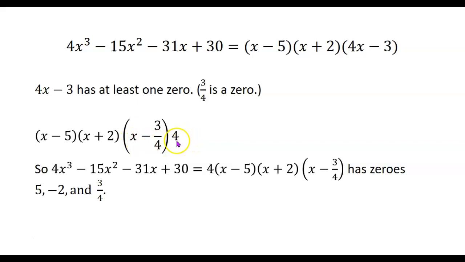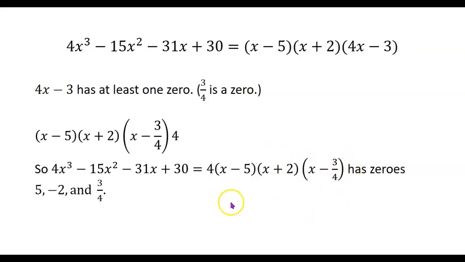So now we've got a 4 times an x minus 5 times an x plus 2 times an x minus 3/4, which is the complete factoring or breaking apart of that degree 3 polynomial that we started with. So that degree 3 polynomial turns out to have zeros 5 and -2 and 3/4.